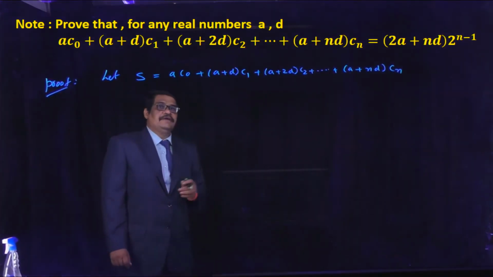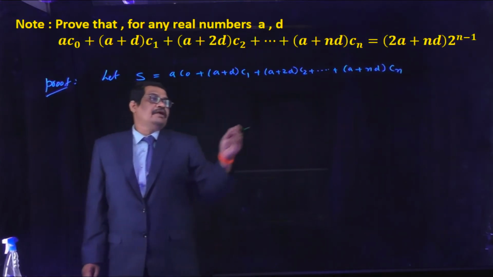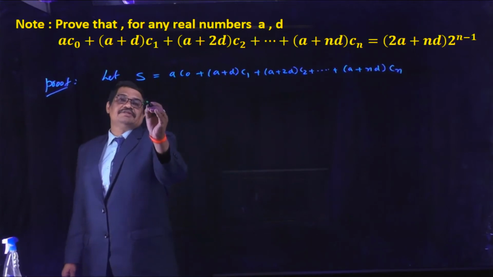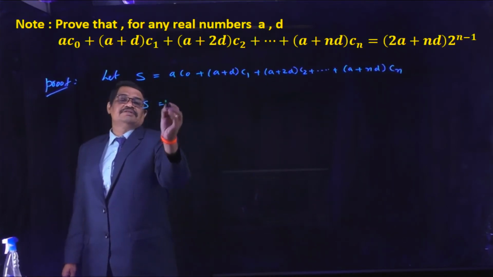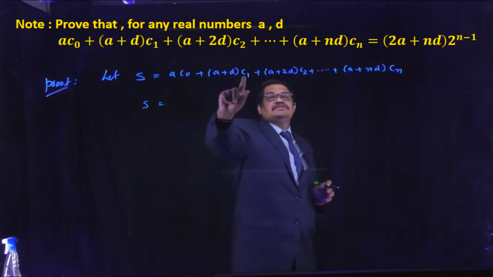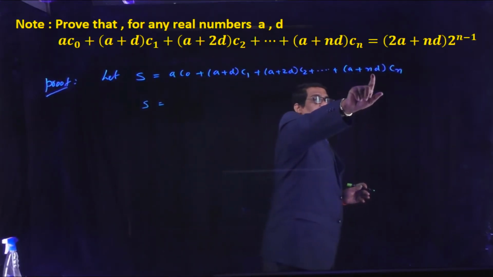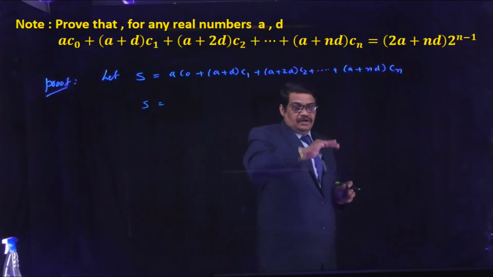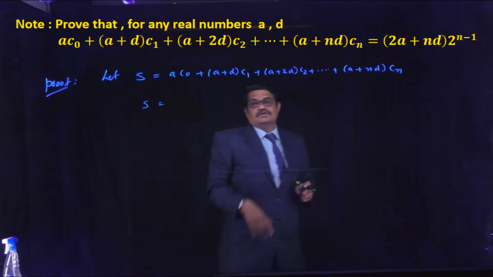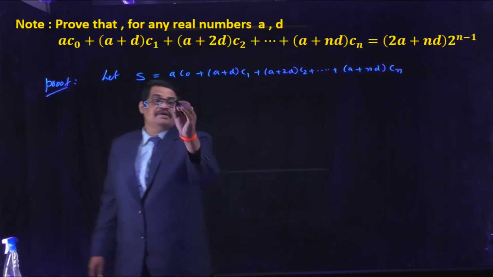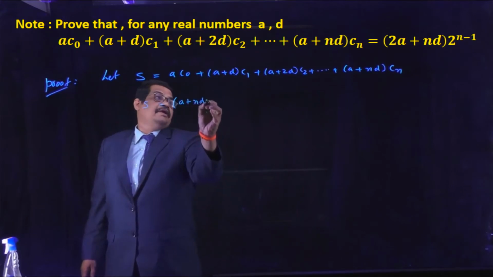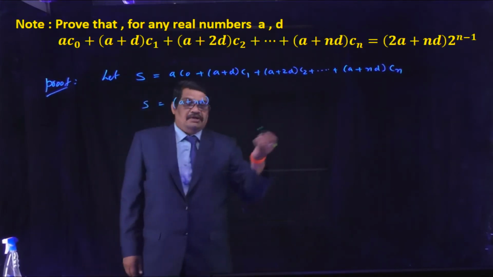Now we are writing S from last to first. S is a C naught plus (a plus d) C1 and so on up to (a plus nd) Cn. Now writing from last to first, first we write the last term, that is (a plus nd) into Cn.